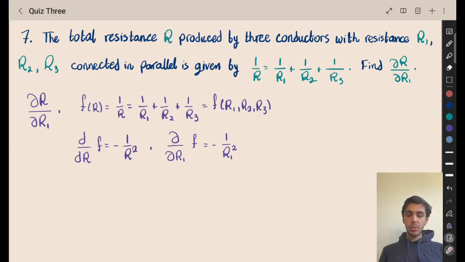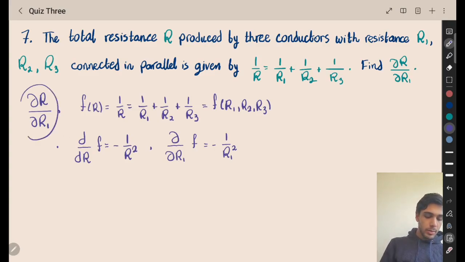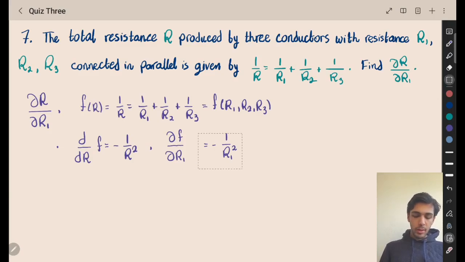Now here's what we need to do. We need to compose these two somehow and get this final result. I see that partial r1 is in the bottom, so maybe we'll keep it like that.